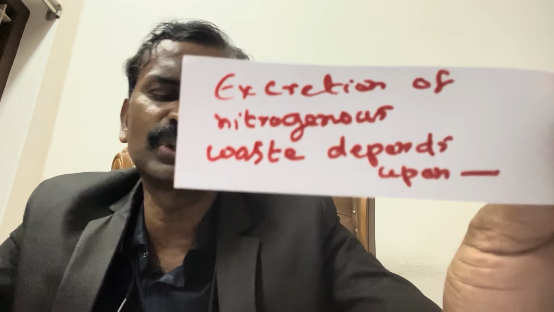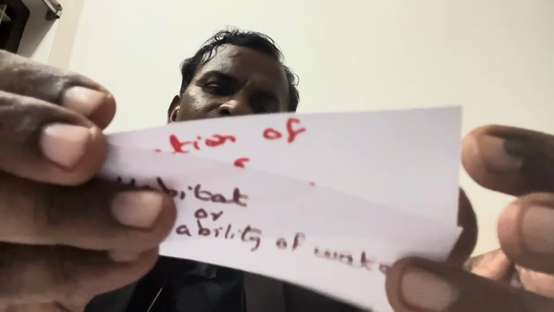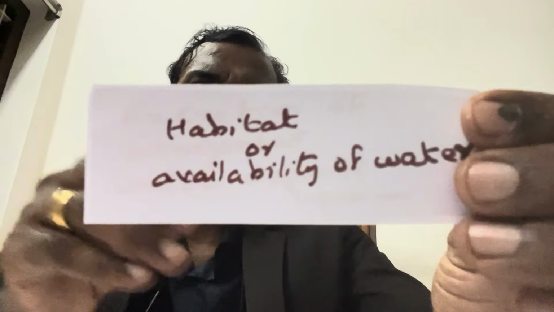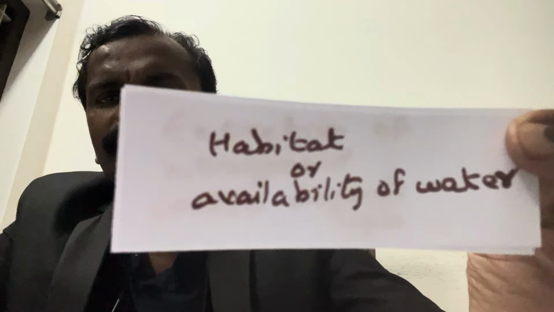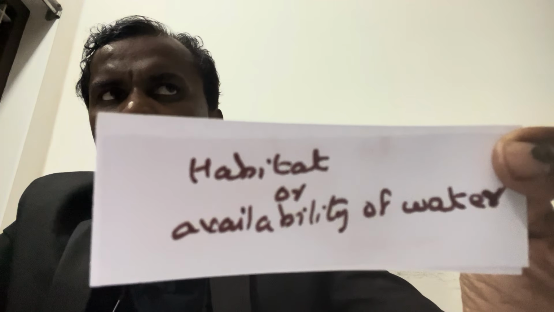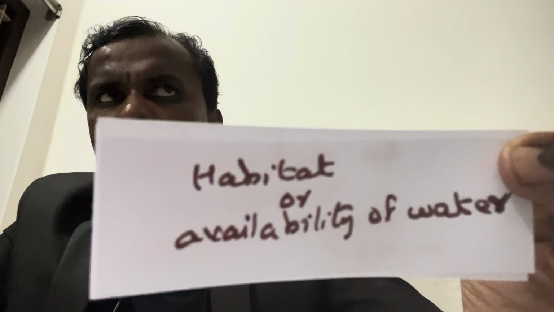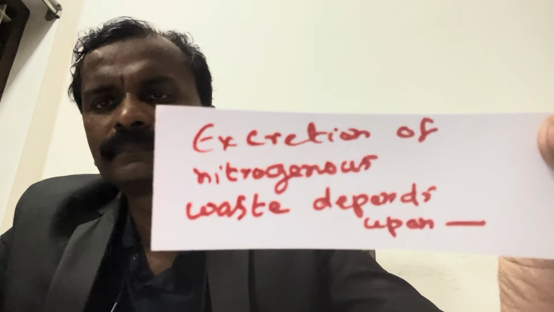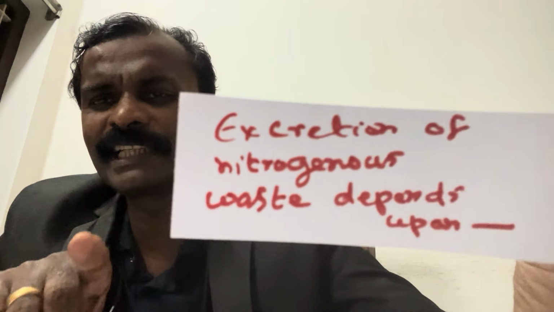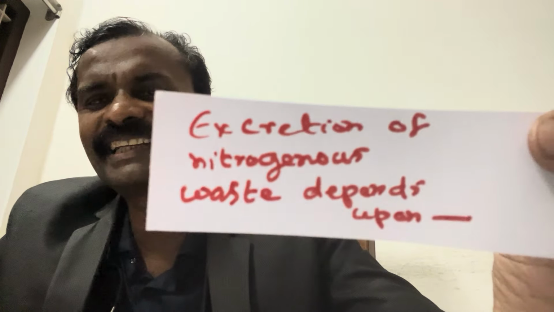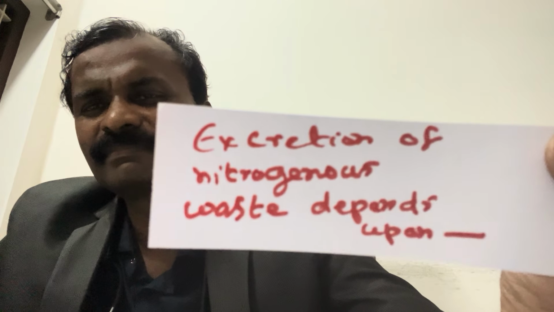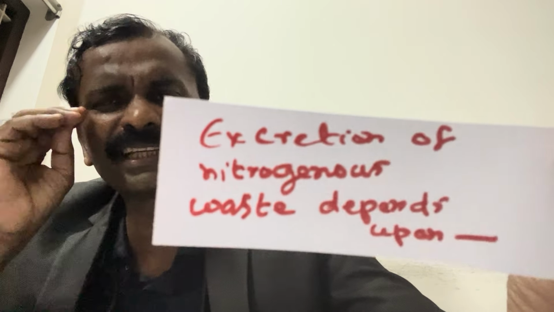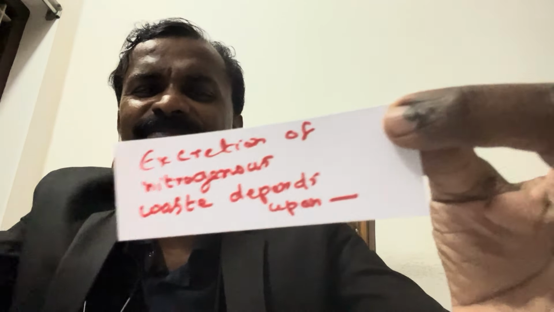So be thorough with these 2 things: habitat and availability of water. I am expecting this question for the coming NEET exam. Because you cannot think logically. If you think logically, it will go negative only. No logic in this MCQ.